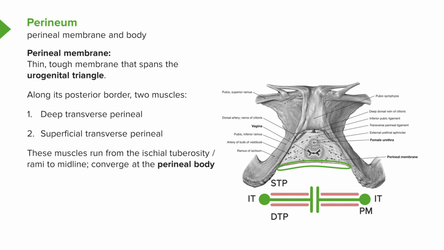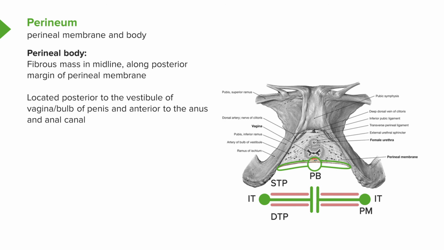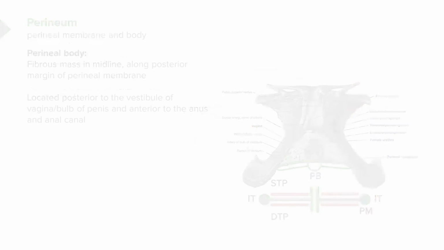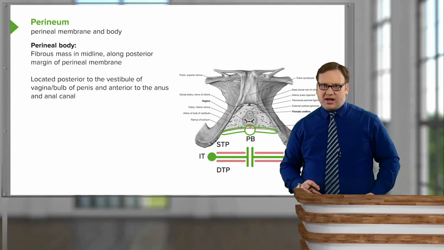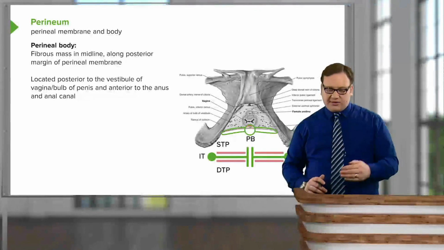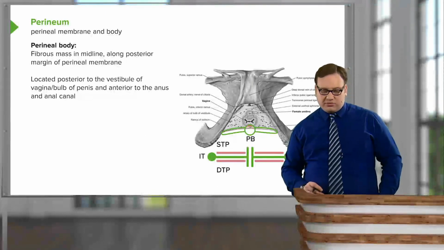Now, where they converge in the midline here, we find this fibromuscular structure, this fibrous mass, and that is known as the perineal body. The perineal body lies directly posterior to the vagina, along the posterior border of the perineal membrane.